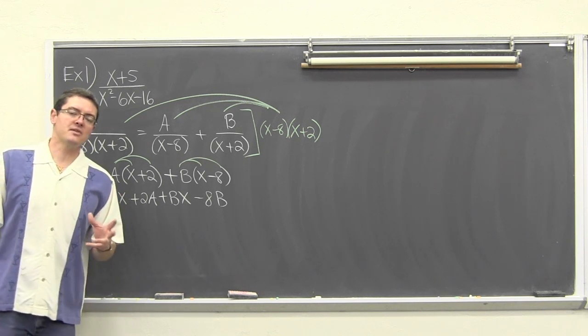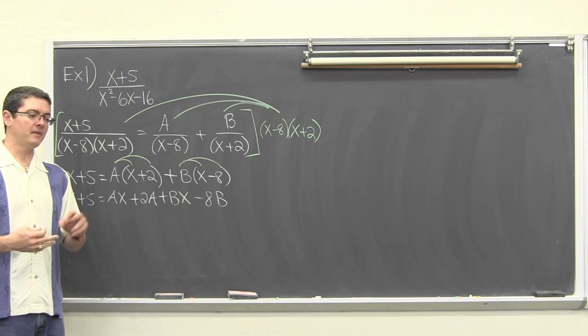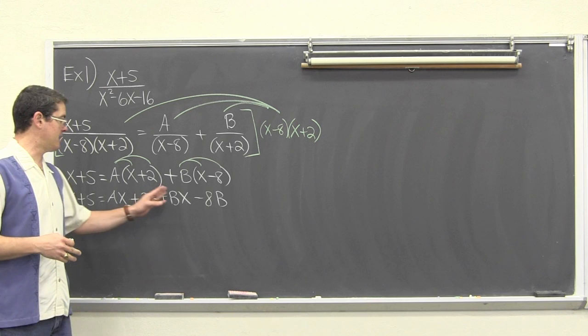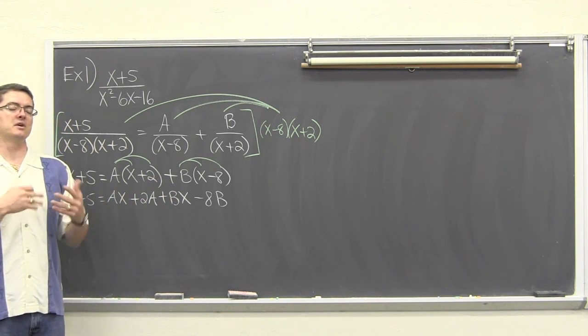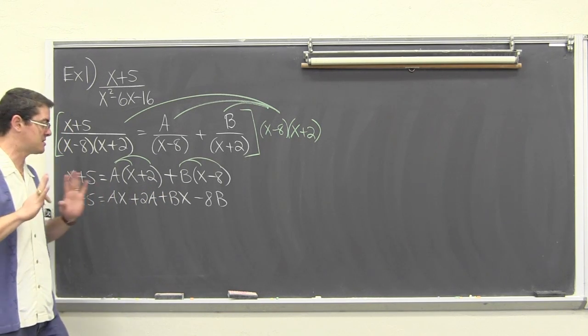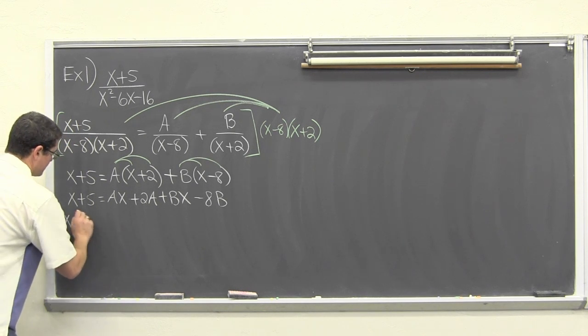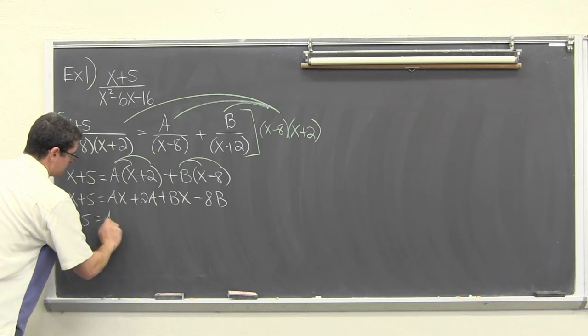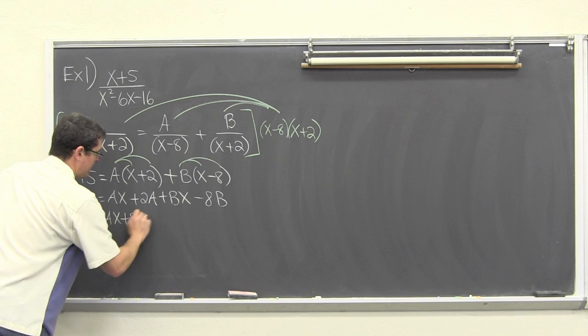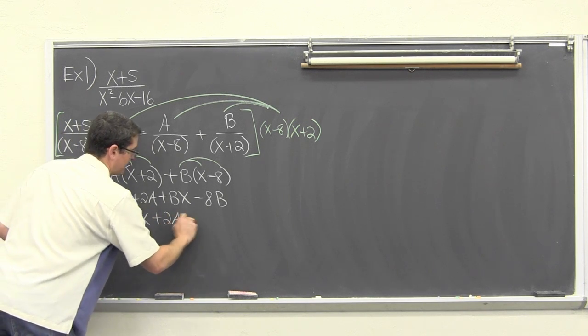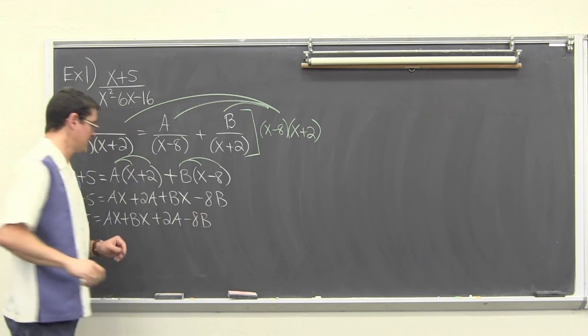Organize the terms so that all the x's are together. If we have x's with degrees of 2, degrees of 1, and constants, get those in decreasing order. So we're going to get x plus 5 equals ax plus bx plus 2a minus 8b.